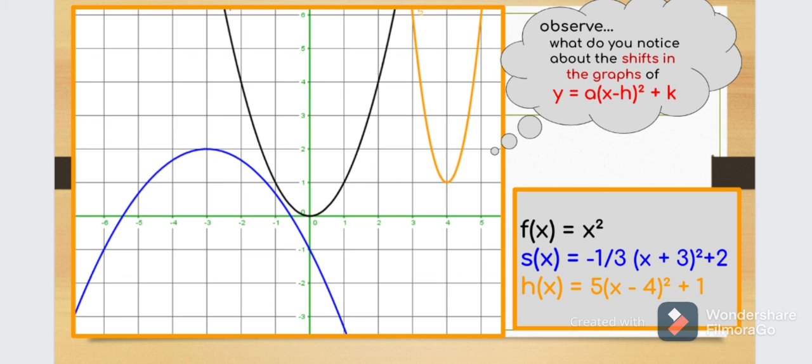The given function is in the form of y is equal to a quantity x minus h squared plus k. How are we going to describe the shifts, movements of the following graph of the function? There is an h where the movement is horizontally, and for k, the movement is vertically.